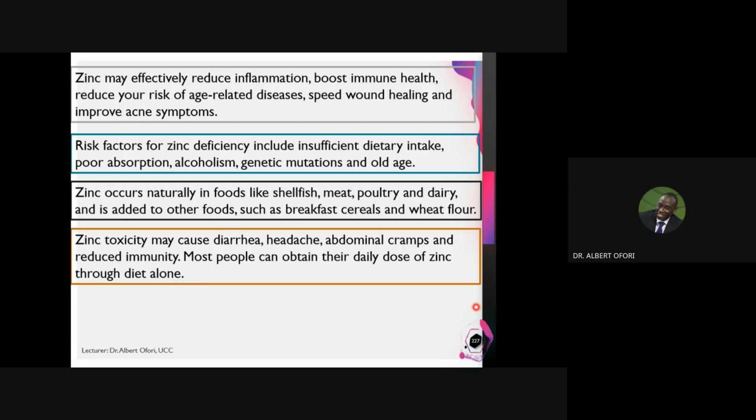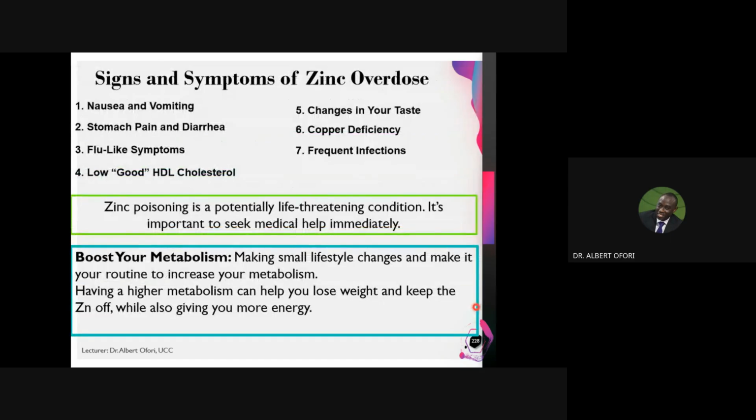Though we need it, we need it in trace amounts. The signs when you begin seeing that you have been exposed to excess zinc are nausea, vomiting, stomach pain, diarrhea. When we check the zinc-copper index, deficiency can be life threatening as well.